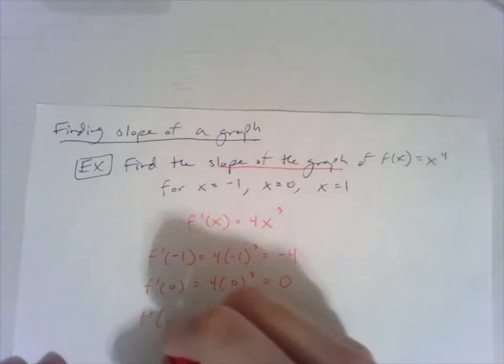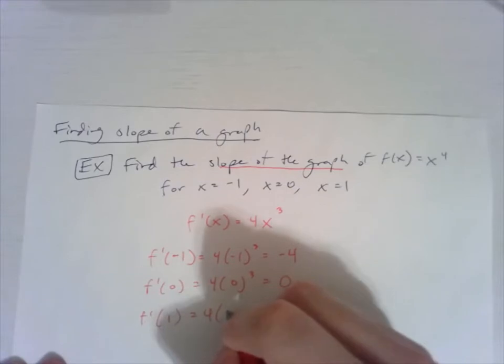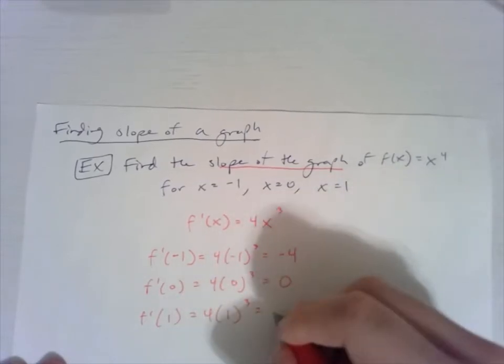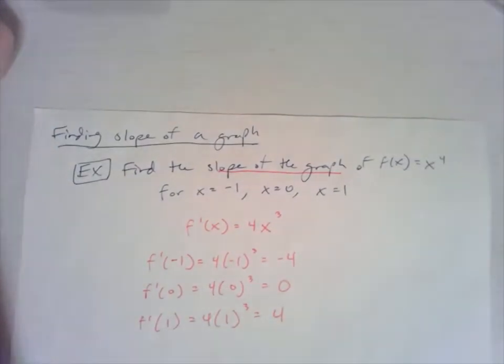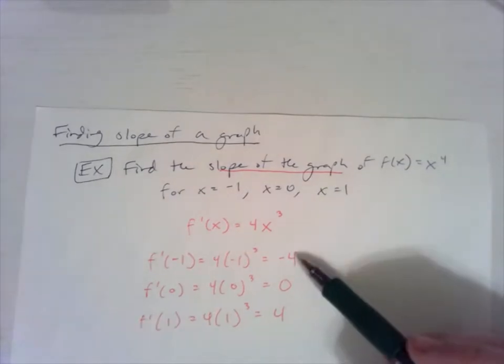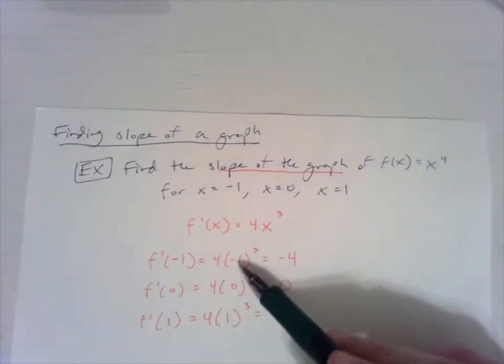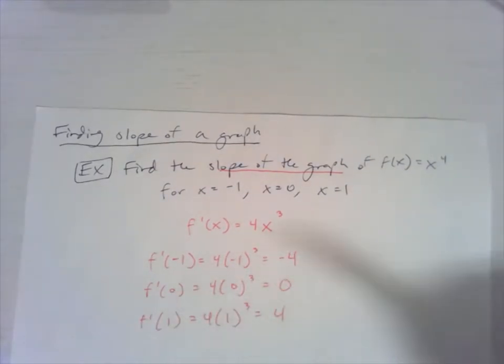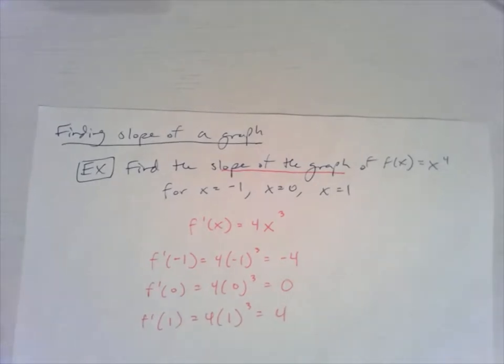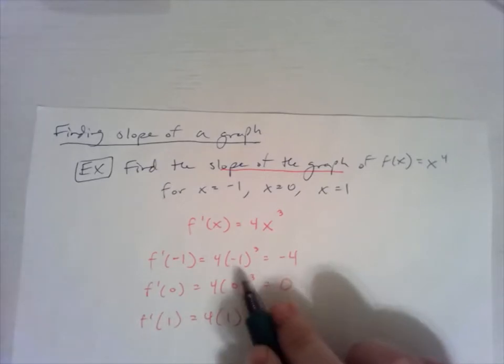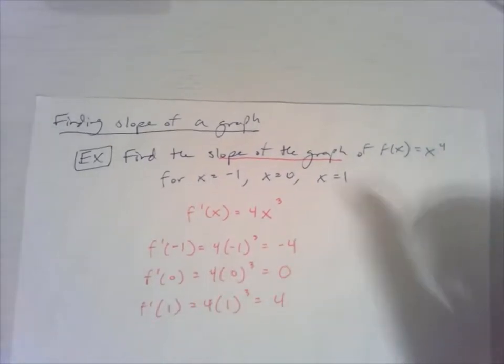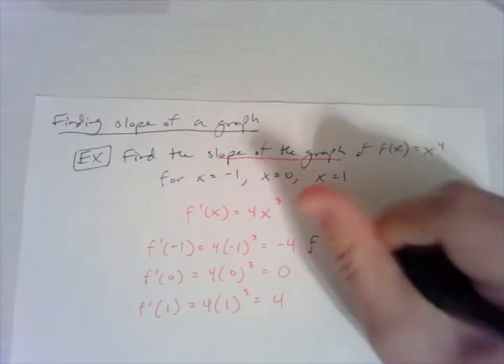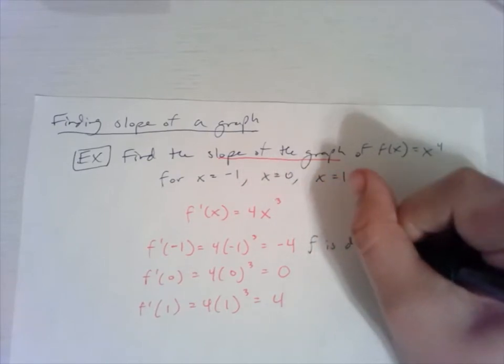And f prime of 1, we would get 4 times 1 cubed, which would be 4. Alright, so these would be our slope values for each x value that we substituted in. And I want you to understand something. Since our slope here is negative when x equals negative 1, we know that our function, fancy f, is decreasing.